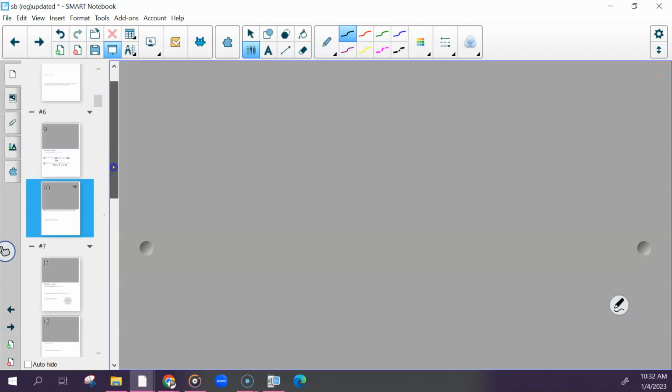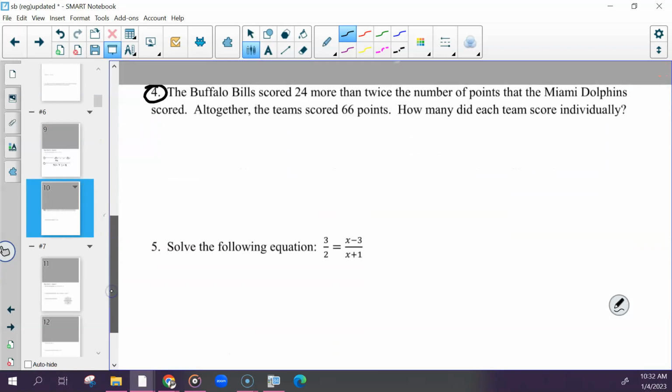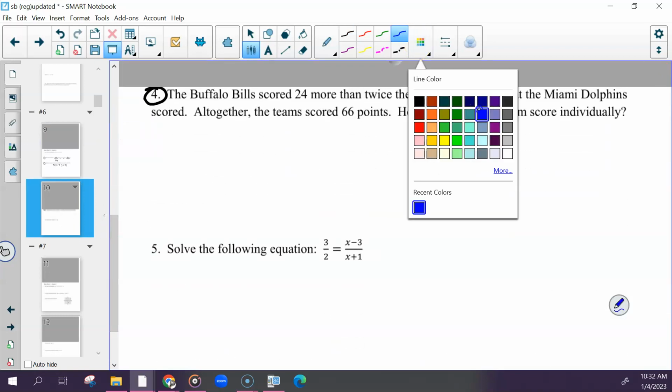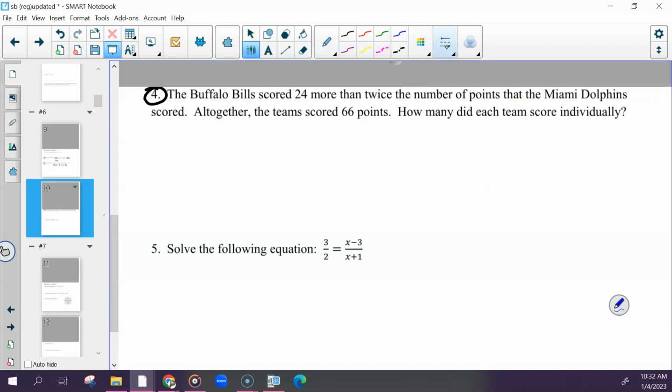And then 4. So 4 you may recognize as a systems of equations problem because the Buffalo Bills scored 24 more than twice the number of points the Miami Dolphins scored. And altogether, the teams scored 66 points. So we're going to have 2 equations.